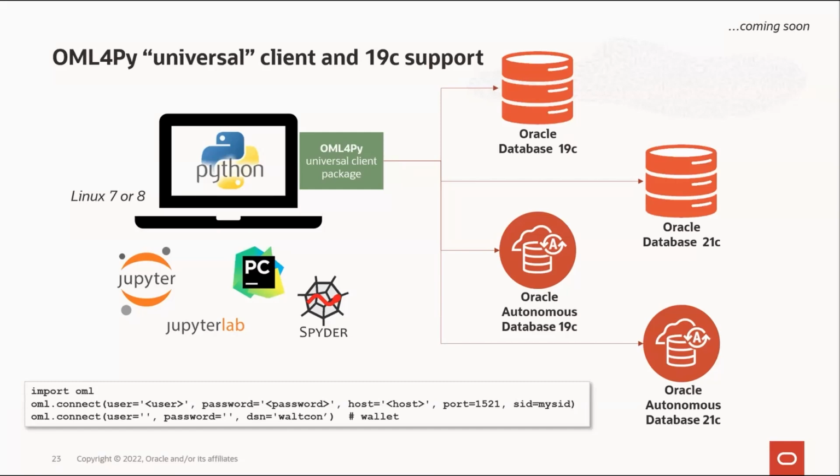And if you're not familiar with the wallet concept, an Oracle wallet is a secure software container that stores authentication and signing credentials for an Oracle database. So you don't have to use clear text passwords in your code. And later this year, the OML4Py client package will be made available on OCI Data Science, so you can get in-database scalability from that environment as well.